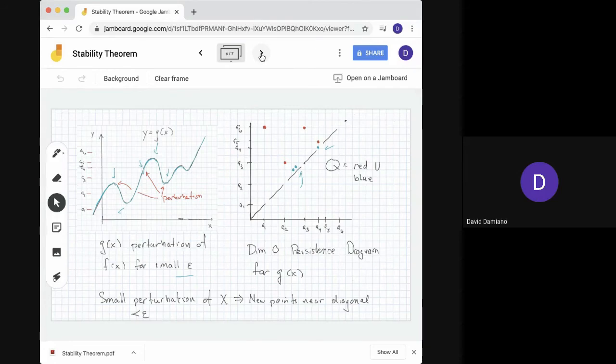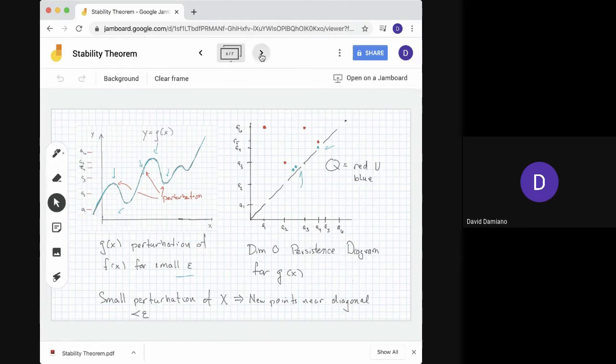On the other hand, we have these 3 new points we see along the diagonal. They're unpaired to any of the persistence points for f in red, so we pair them with the diagonal, but they're very close to the diagonal. In fact, they're less than epsilon away from the diagonal. So that means if we look at the bottleneck distance between P for f and Q for g, it's less than epsilon.